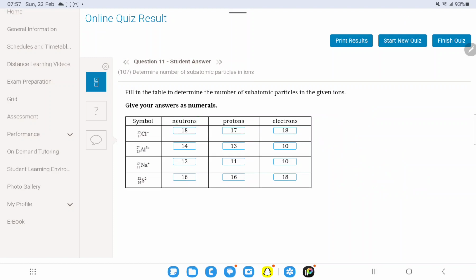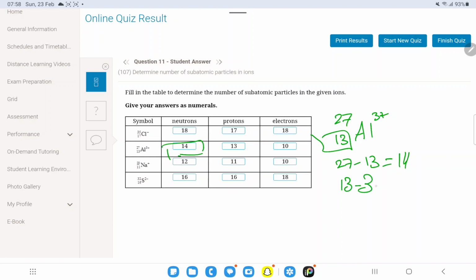For the second one, aluminum 3+. Neutrons, 27 minus 13, big number minus small number equals 14. Protons, the small number 13, and electrons, 13 minus the charge 3 is equal to 10.